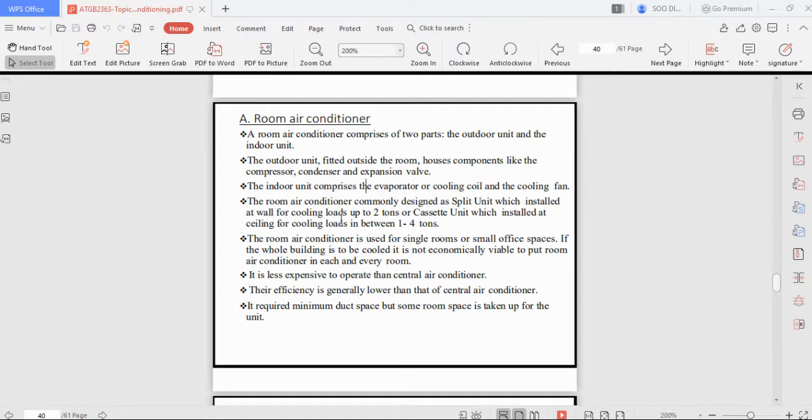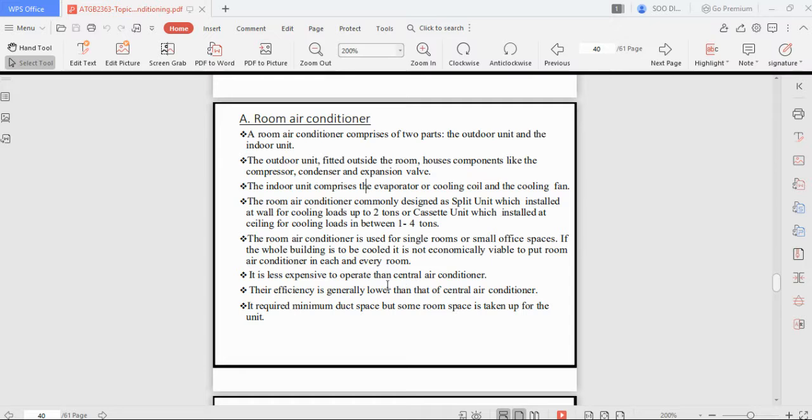Their rating is about 1 to 4 tons for residential usage, which is more than enough for a small room or office space, and is cheap. The problem is the efficiency is lower than the central air conditioner.